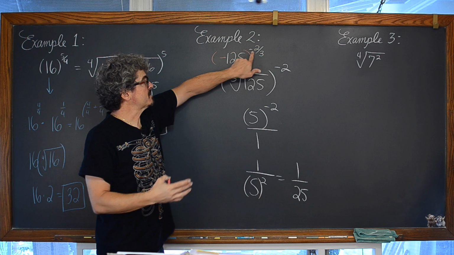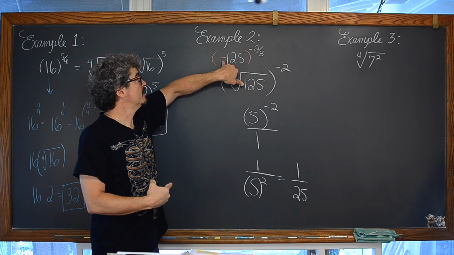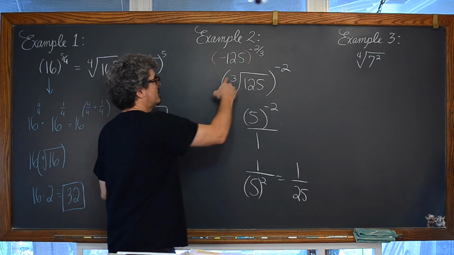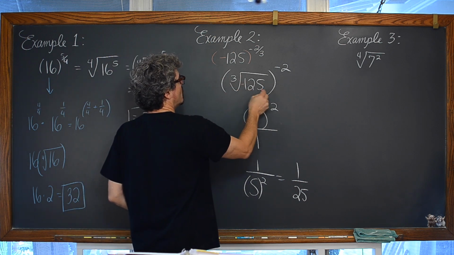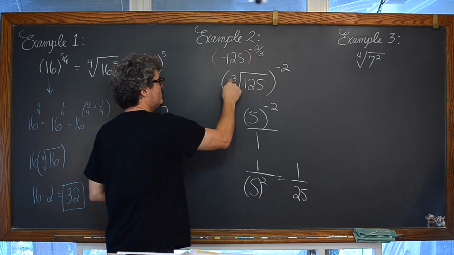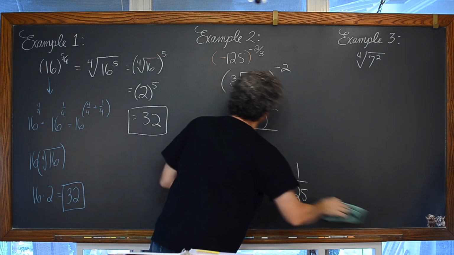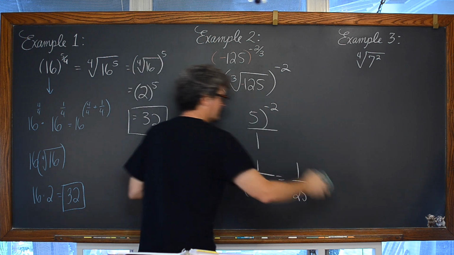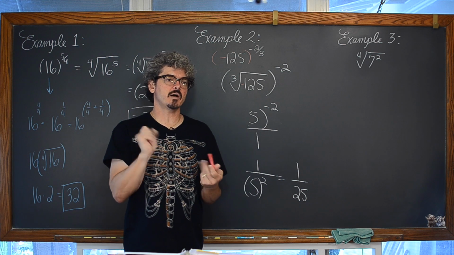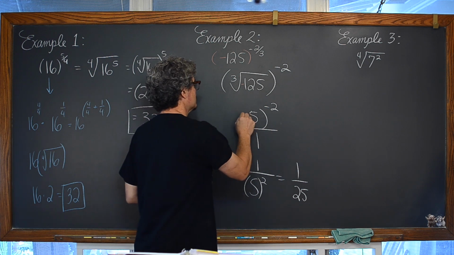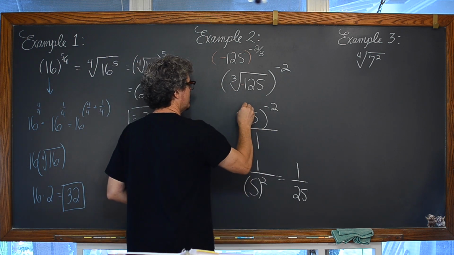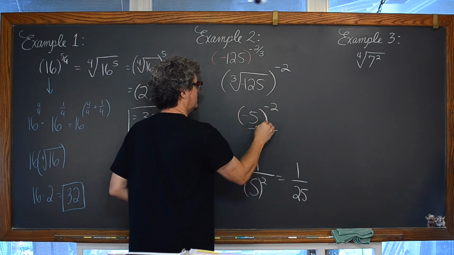We could be taking the same problem but have a base of negative 125, and that becomes the cube root of negative 125 raised to the negative 2 power. Negative 5 times negative 5 is positive 25, and positive 25 times negative 5 is negative 125. So the cube root of negative 125 is equal to negative 5.